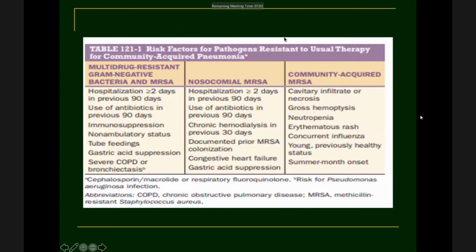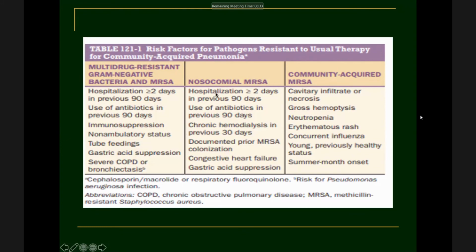And we have to sometimes consider methicillin-resistant Staph aureus pneumonia. So when to suspect it? If multi-drug resistant gram negatives and MRSA are to be suspected: the patient has a history of hospitalization more than 2 days in the previous 90 days, use of antibiotics in the previous 90 days, immunosuppression, non-ambulatory status, tube feedings, gastric acid suppression, severe COPD or bronchiectasis.